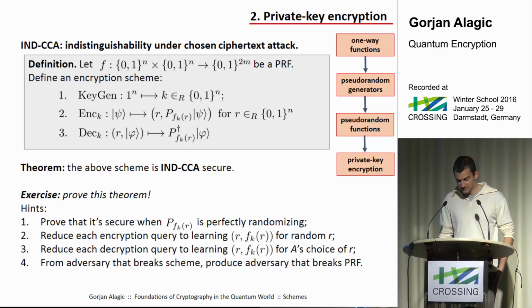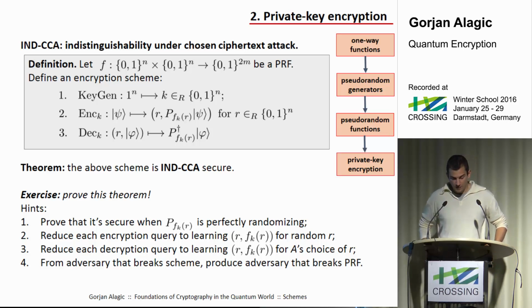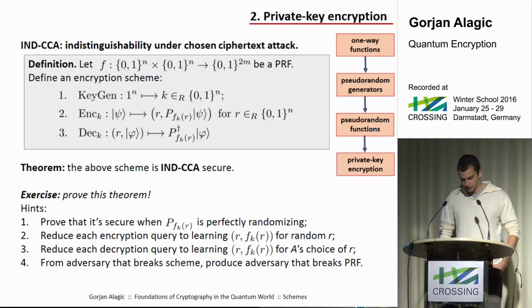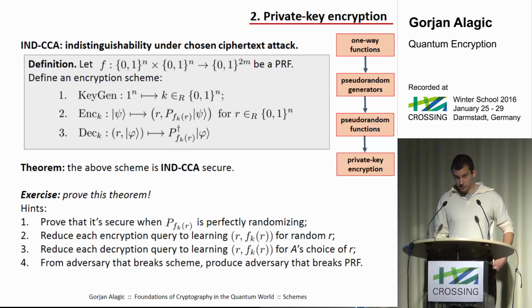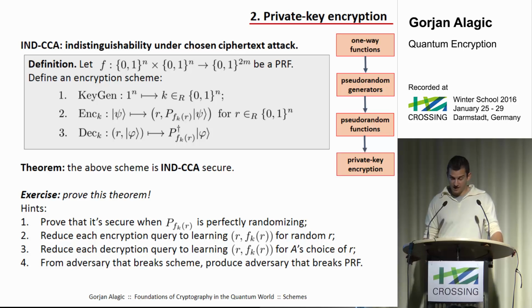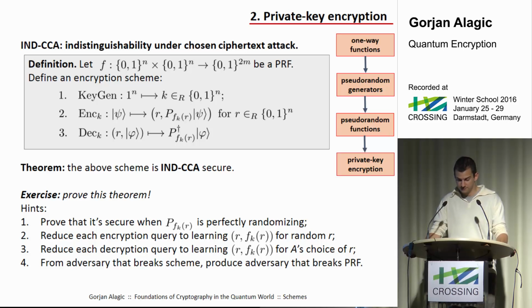As far as this CPA and CCA stuff, it helps to realize that each encryption query, so each query to the CPA oracle, corresponds to learning a pair R, f_k of R for a random R. So learning the value of the pseudo-random function at a random input.